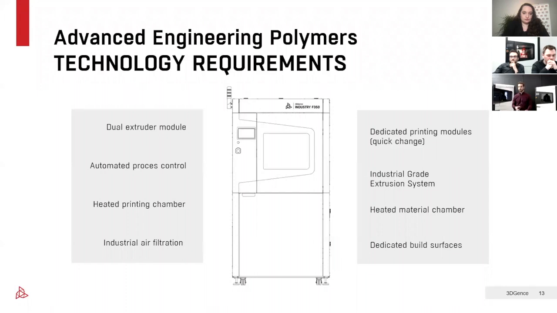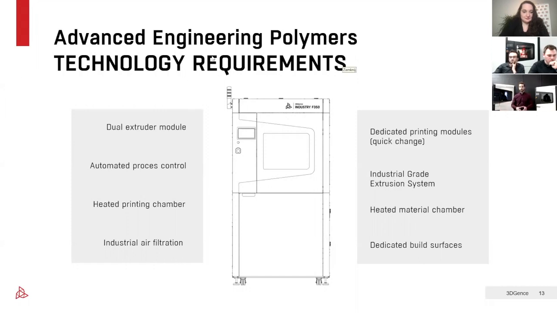The quick ability to change between the print heads and between the modules will allow you to have a wider range of materials within one printer. There are different settings and different requirements for processing ABS and, for example, polycarbonate or PEEK and PEKK materials.